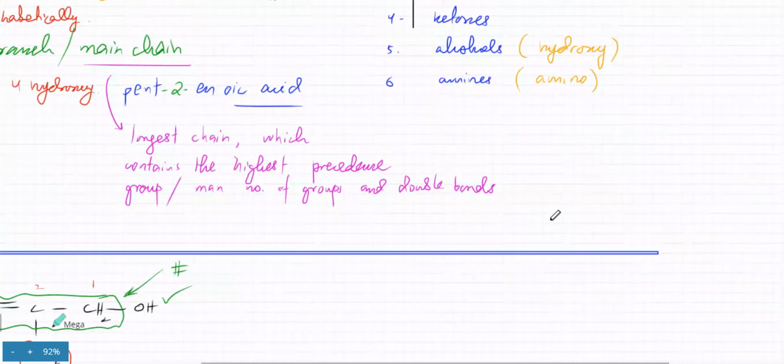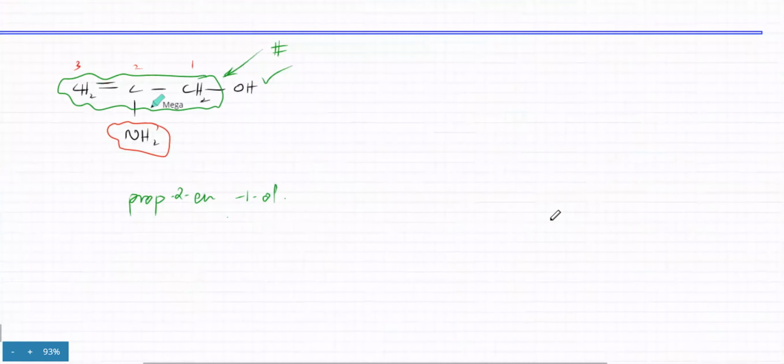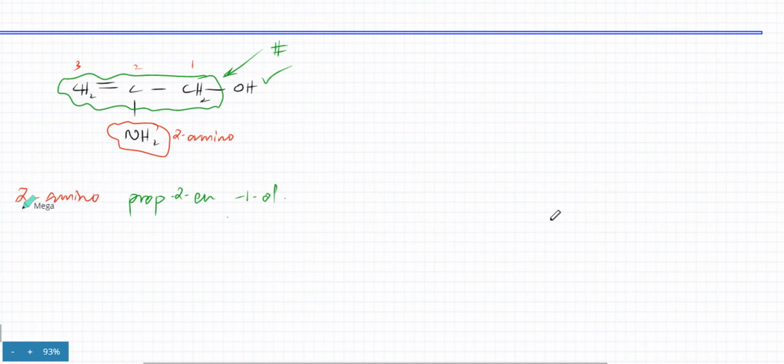So you're going to start calling this NH2 thing amino, because you're not naming the molecule after this. It would be amino at position 2, so it's going to be 2-amino-prop-2-en-1-ol. Is this clear? Clear.